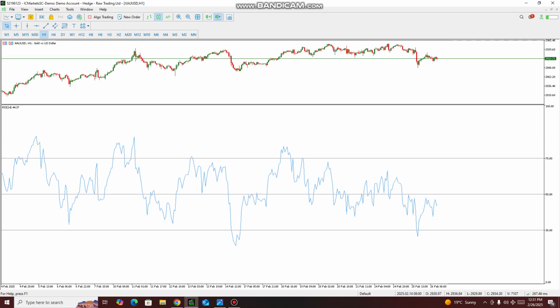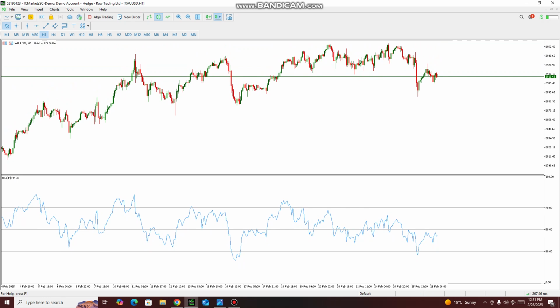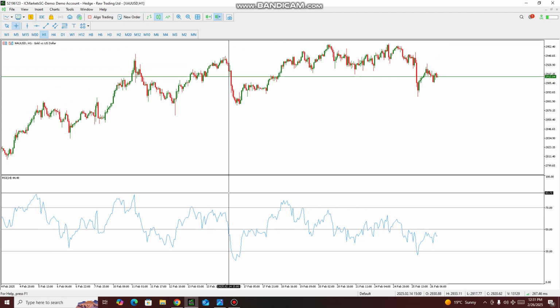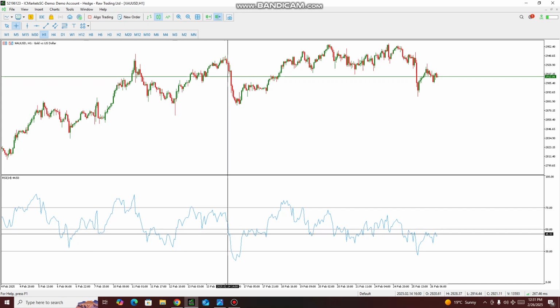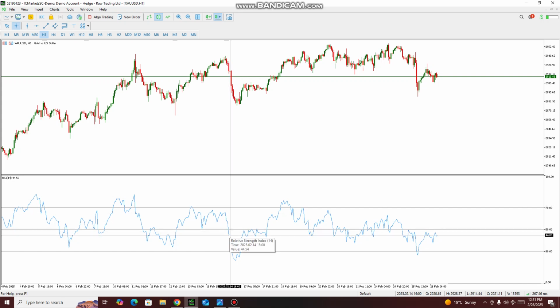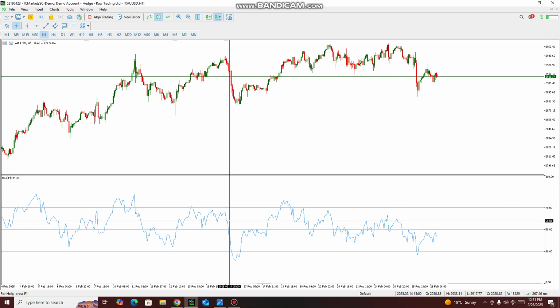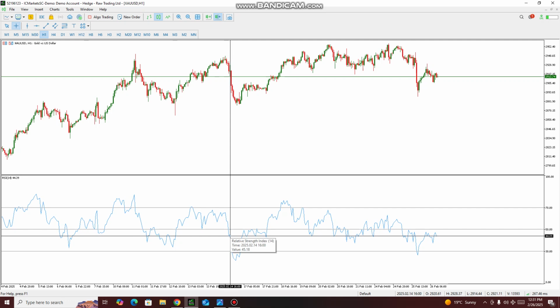So now here's the thing. The first thing I'm going to share is that when the market starts trading below our 50% level, that is when we look for sells.